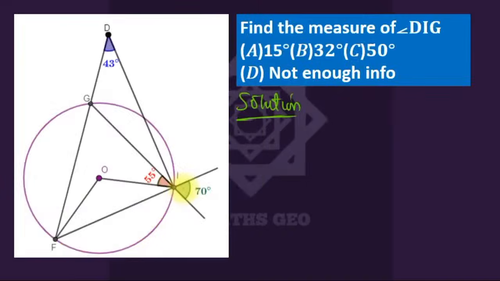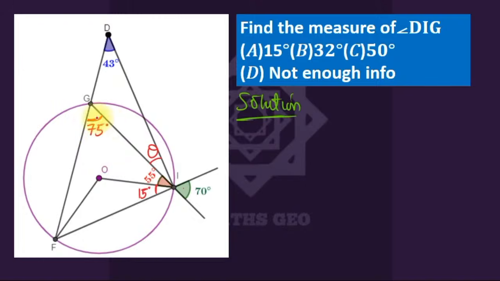We are looking for this angle, let's call it theta. But there's a relationship, okay, from here, this is 70. By vertical angle theorem, this should be 15. And there's a relationship connecting this inscribed angle, as long as this is the center of the circle. And this, they sum to 90, so here should be 7.